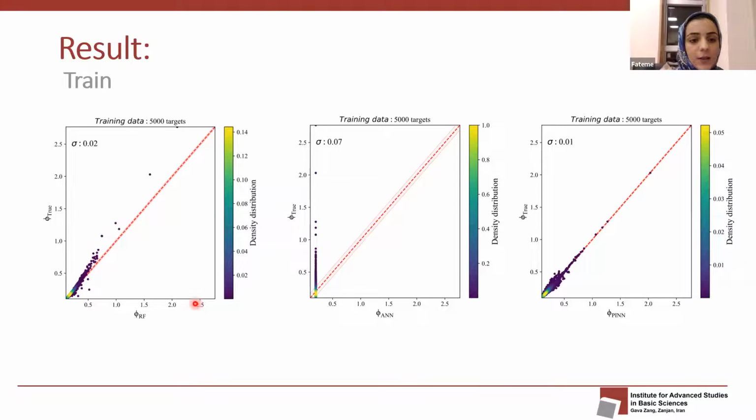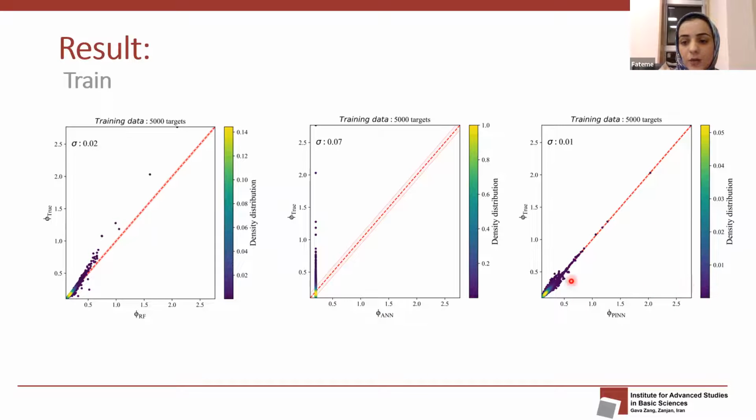Okay, please take a look at these figures. They are the results of our train set, and the vertical axis here is true potential, and the horizontal axis here is our predicted potential.